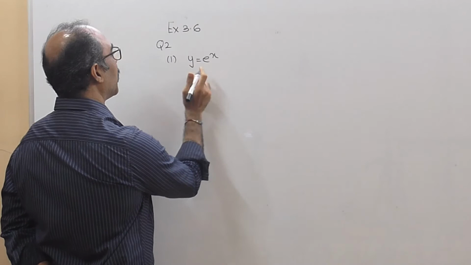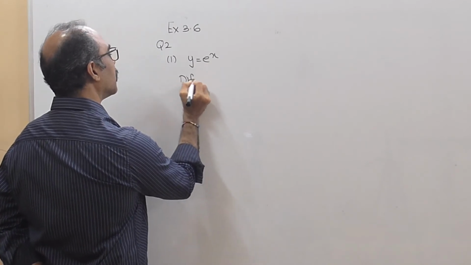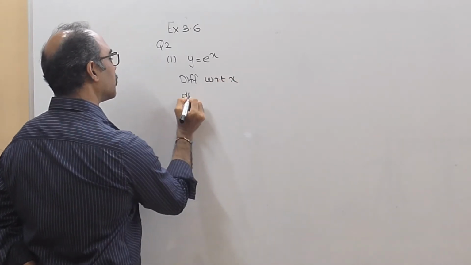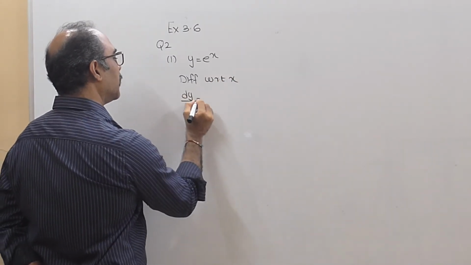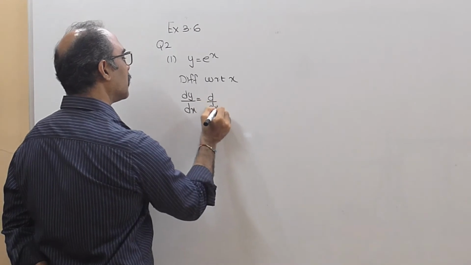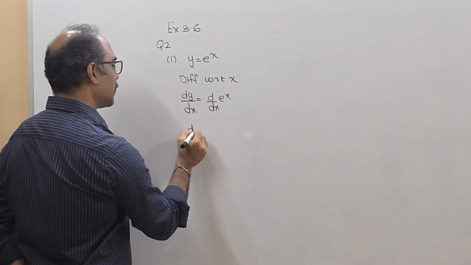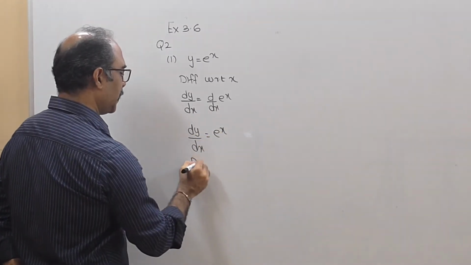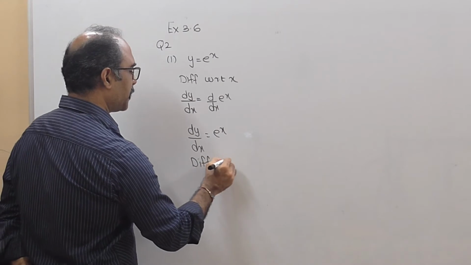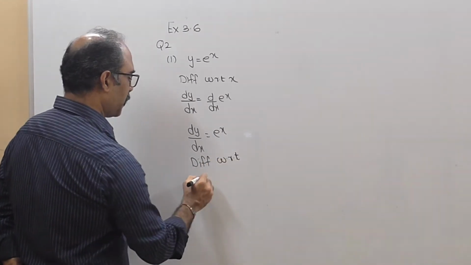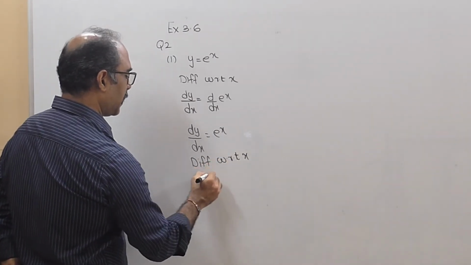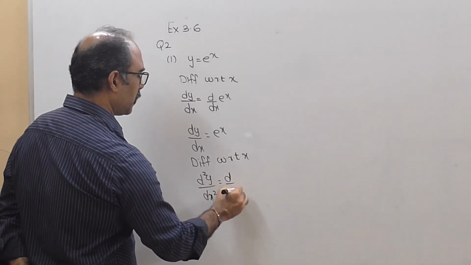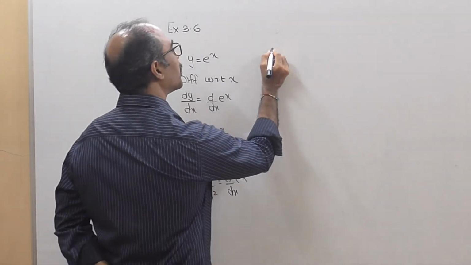Question number 2.1, y equal to e raised to x. Differentiate with respect to x. We get dy by dx equal to d by dx of e raised to x. So we get dy by dx equal to, derivative of e raised to x is e raised to x. Again we can differentiate with respect to x, we get d square y upon dx square equal to d by dx of e raised to x.